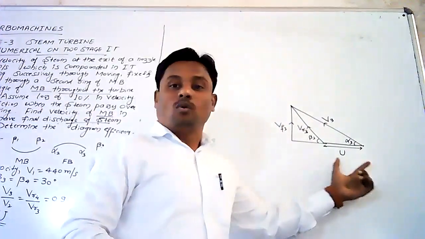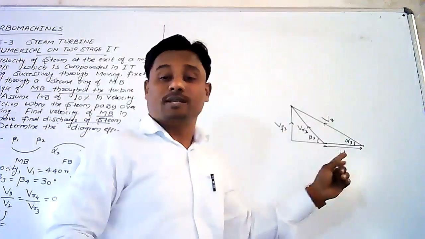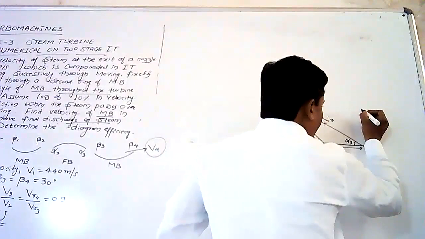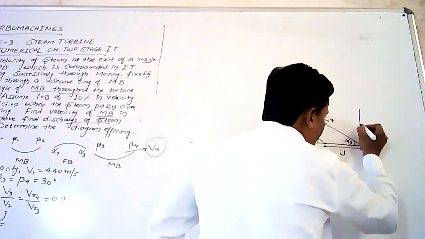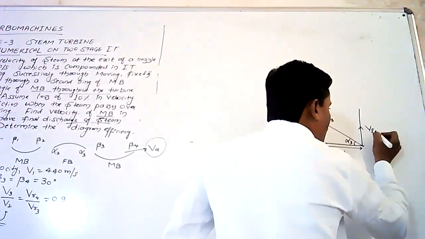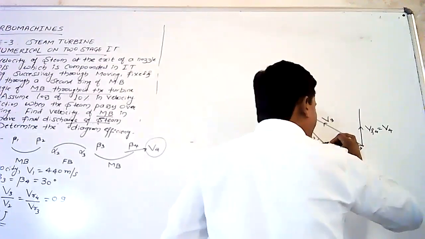While drawing the outlet velocity triangle for stage 2, you should be very careful because V4 is axial in nature. So we have to draw a straight line from here by considering Vf4 equals V4 and join these two points.